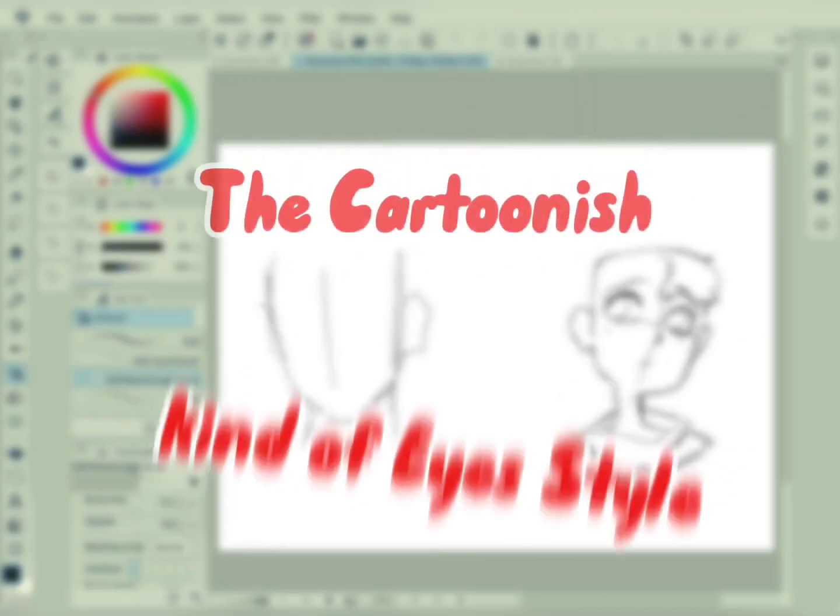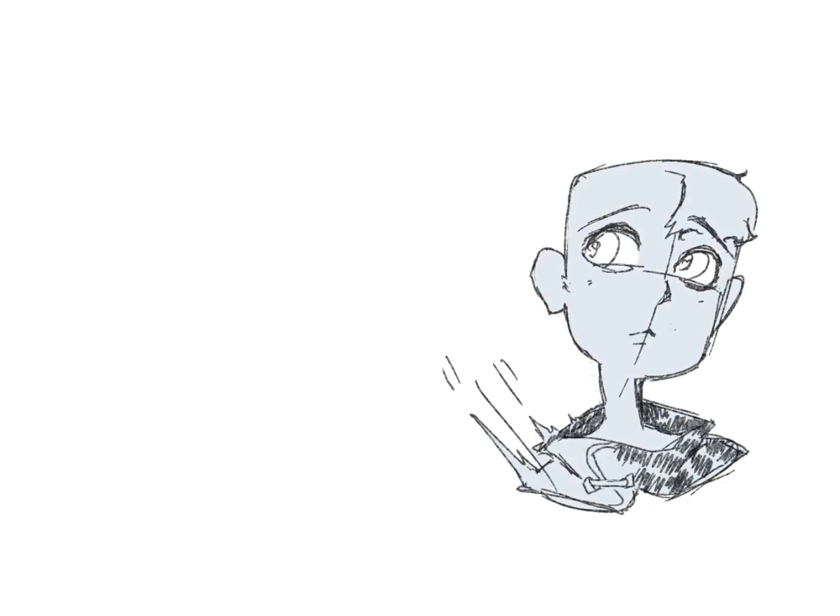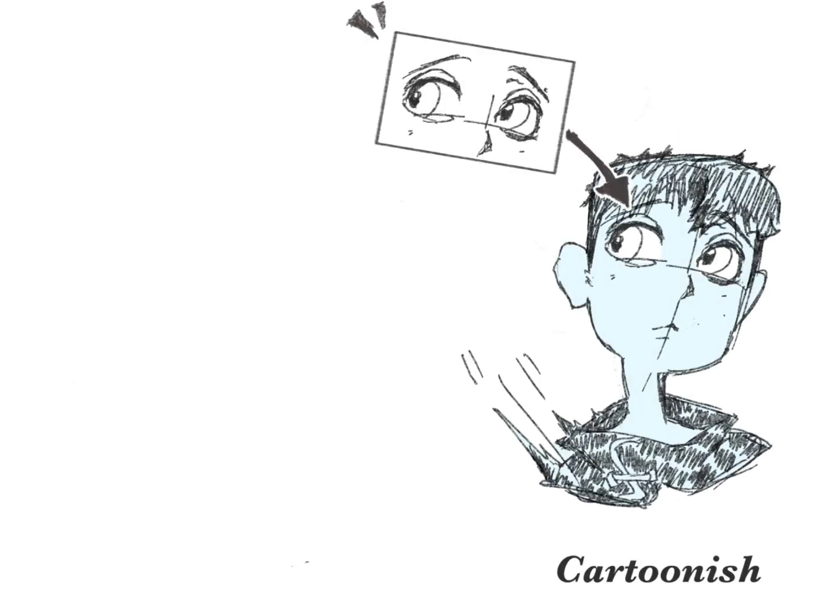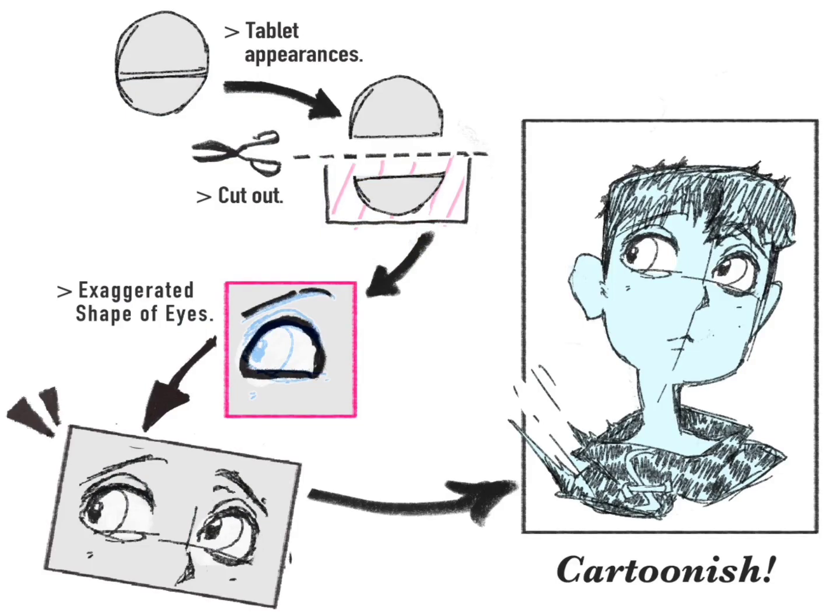Meanwhile, for a cartoonish kind of eye style, this particular style often depicts an unrealistic method of drawing, which involves making something seem larger, more important, better, or worse than it really is to evoke a stronger response from the viewer. For the cartoonish eyes drawing process, start by drawing a spherical shape with a horizontal line at the middle, mimicking a medicinal tablet.